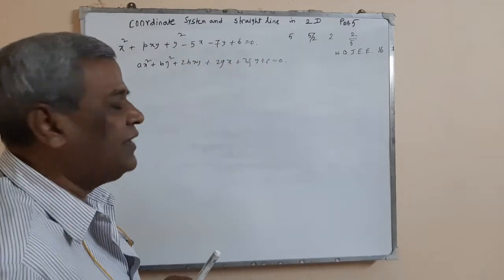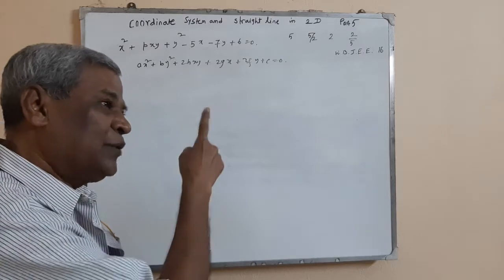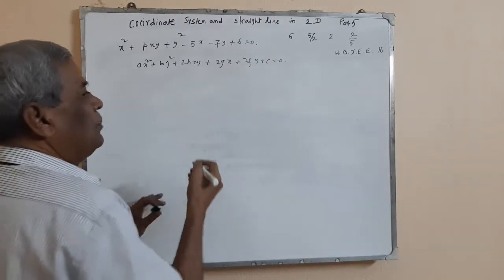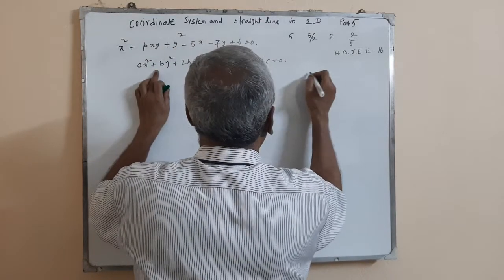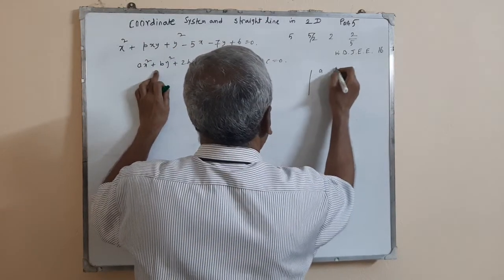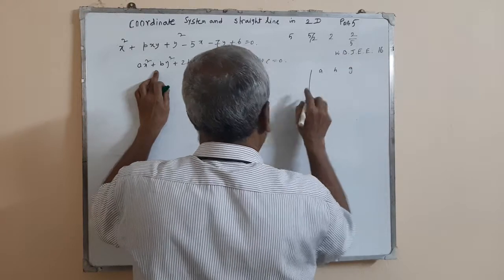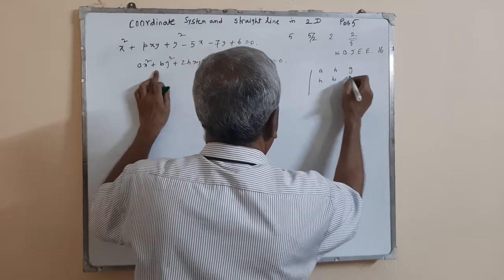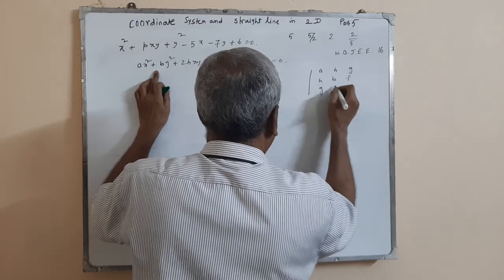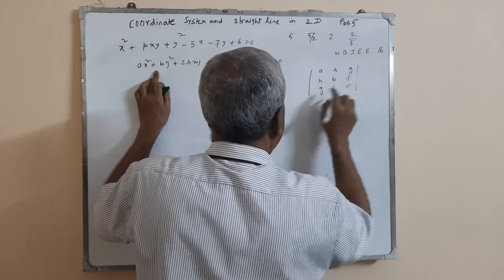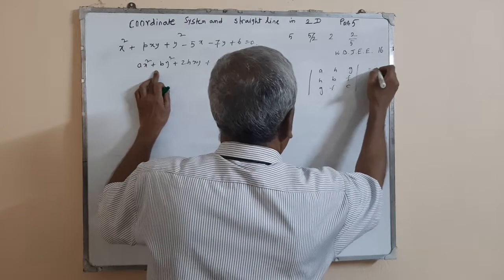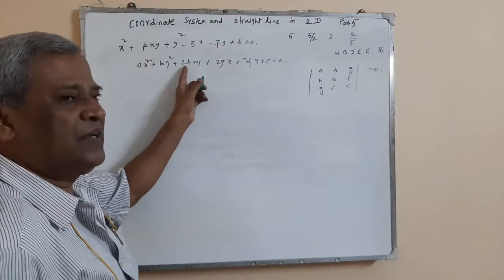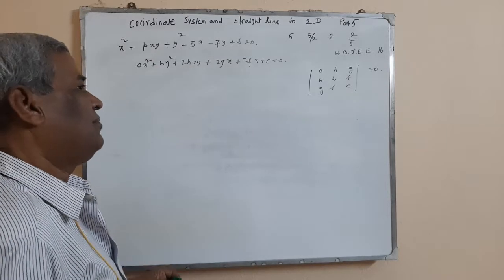It will represent a pair of straight lines provided the determinant with rows a h g, h b f, g f c has value equal to 0. If it is 0, then it will represent a pair of straight lines.